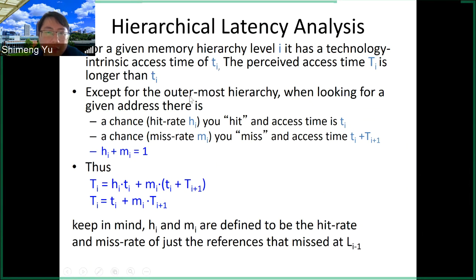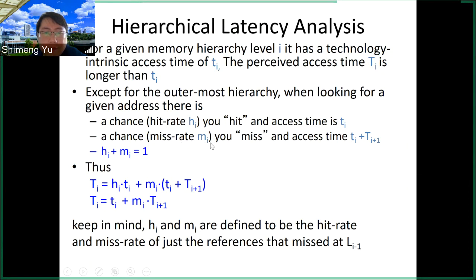Because when you look for the data in the level I, you have two possible outcomes. One is the data is there, so you find the data. We call it hit. So you hit the data in the level I, and then you need to spend the access time, which is the intrinsic access time, the small ti. But there is a chance that you miss the data there.